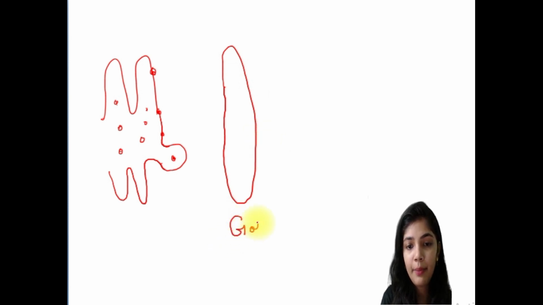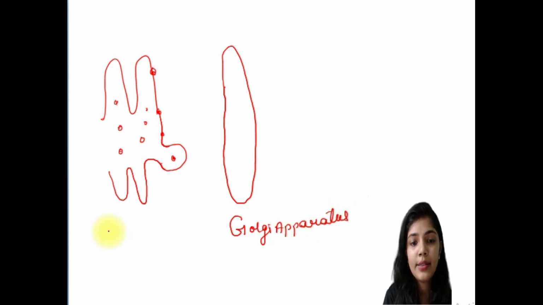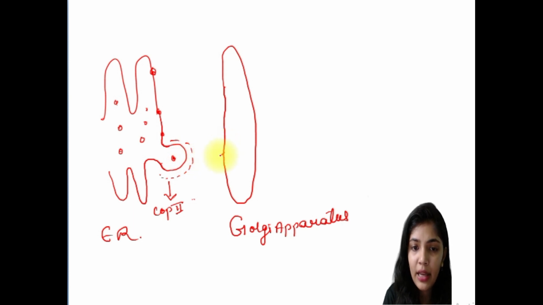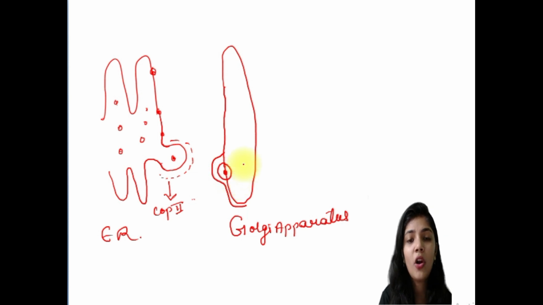This is the Golgi apparatus, and this is the endoplasmic reticulum. The proteins which are present in the lumen will be exported. The resident proteins, when they are exported, will be in the form of a vesicle coated with the protein known as COP2. Then it will be transported to the Golgi apparatus, and the Golgi apparatus will receive this vesicle along with the protein.